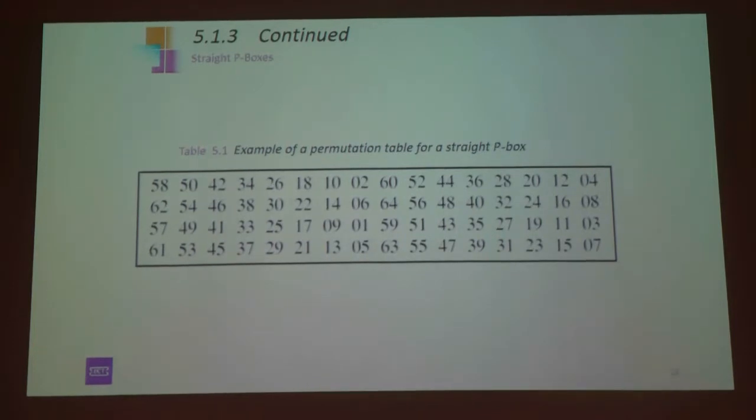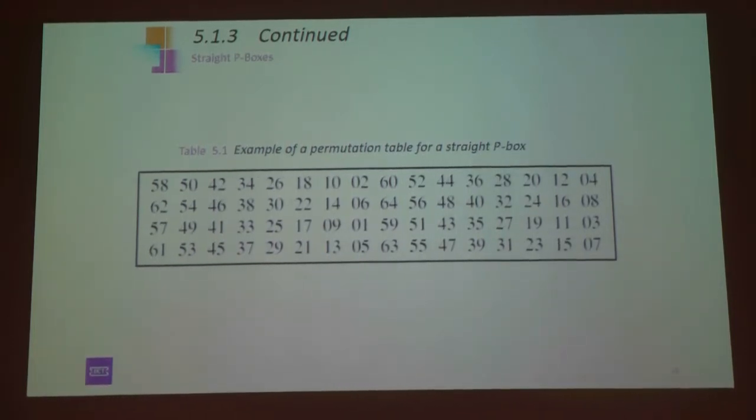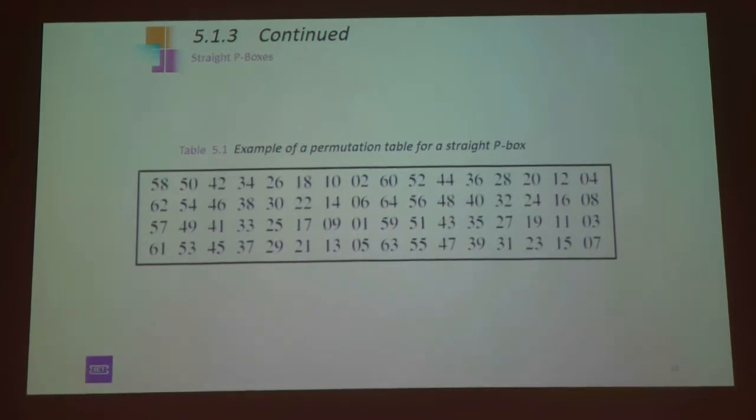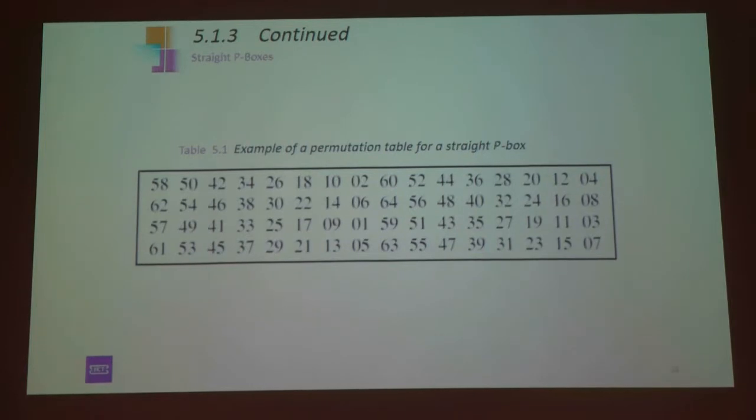So if I have an input of 64 bits, this will be the output. How can I read it? What will be the output? Where is the output of the first bit coming from? From which pin? From 58.